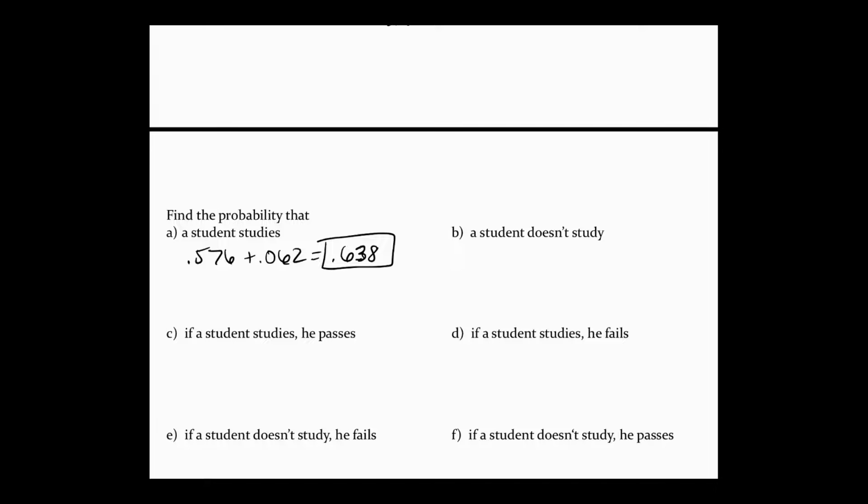So overall, there's about a 64% chance that the students in their class studied. That tells me the overall chance that a student studied, period. About 64%.